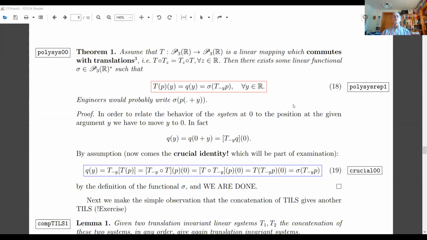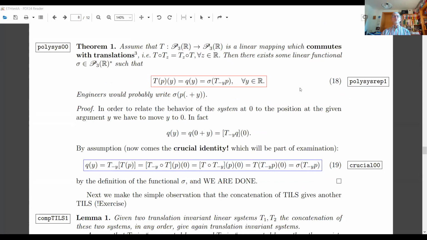So the formal statement is now this theorem number 1. Assume you have a linear mapping from the cubic polynomials to the cubic polynomials which commutes with translations. Either you say that the matrix representing the operation T commutes with all the translation matrices, or you say the concatenated operator is independent of the order.